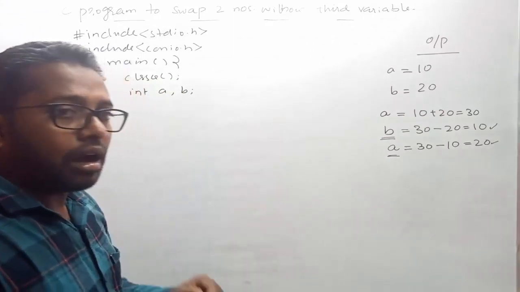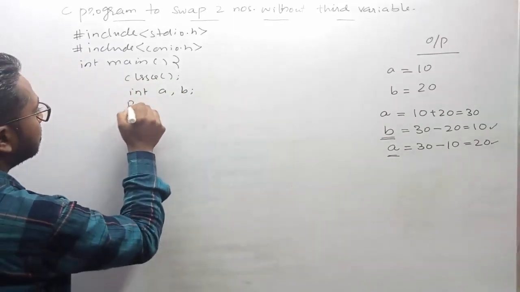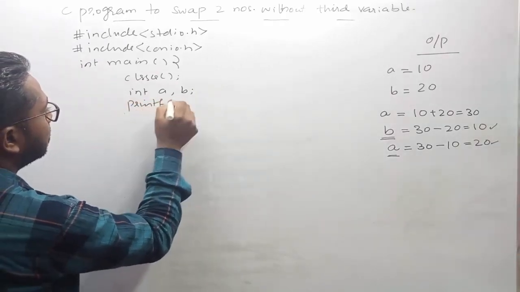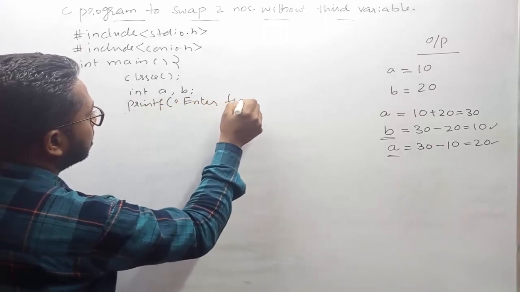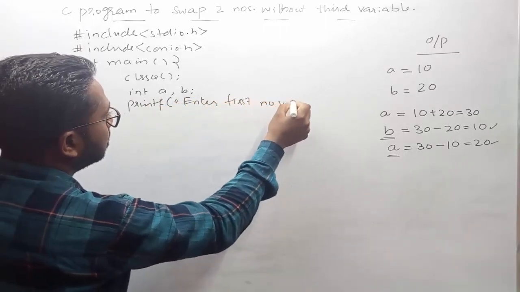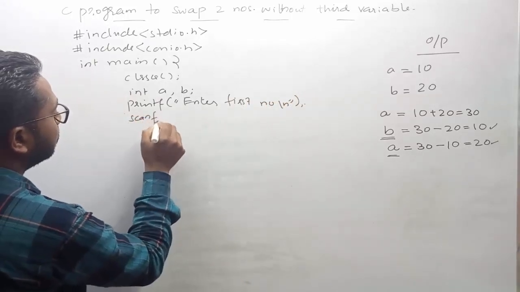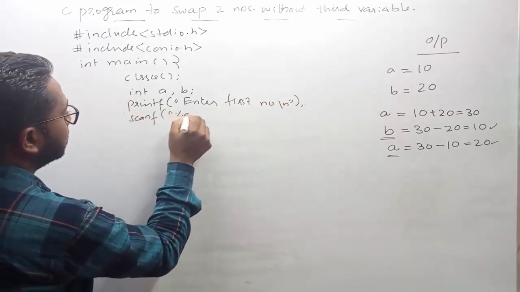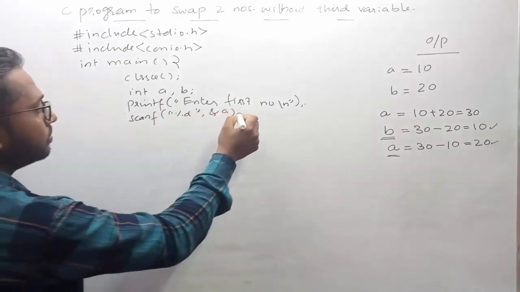Then I will ask the user to enter two numbers: printf enter first number, and then I will read that value from the keyboard, %d, ampersand a.